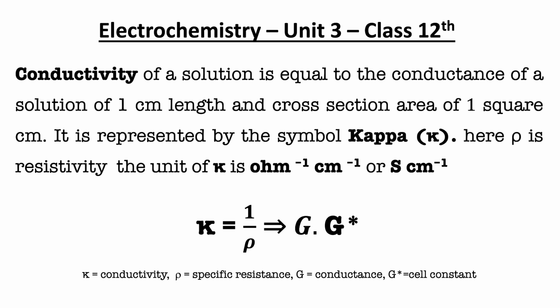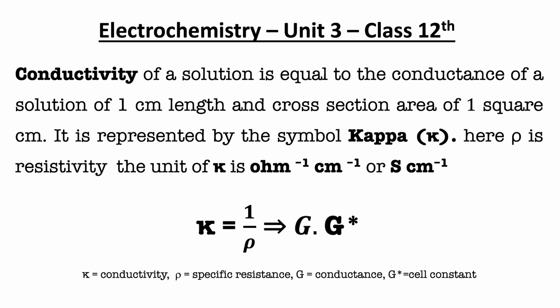So, conductivity is inverse of resistivity. We can use the formula K is equal to 1 upon rho. We know that the unit of resistivity rho is ohm centimeter or ohm meter. So, the unit of conductivity becomes ohm inverse centimeter inverse or Siemens per centimeter.